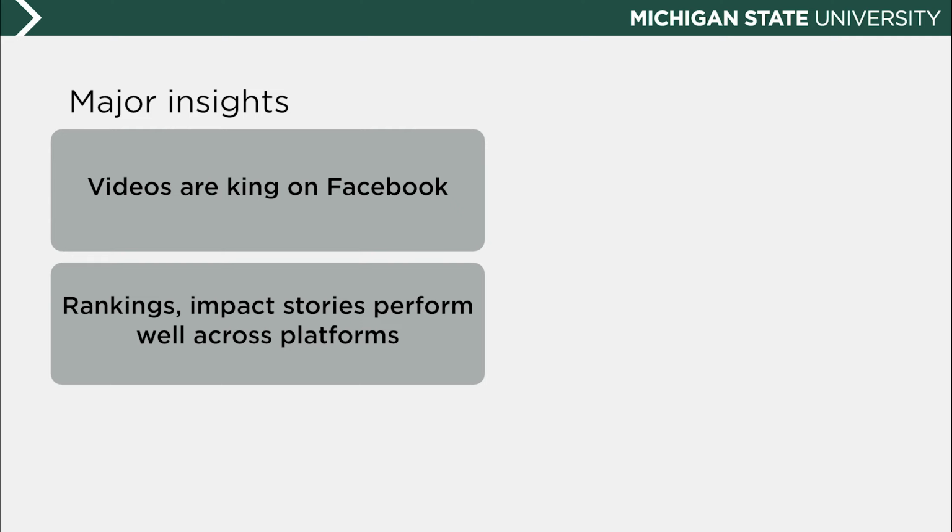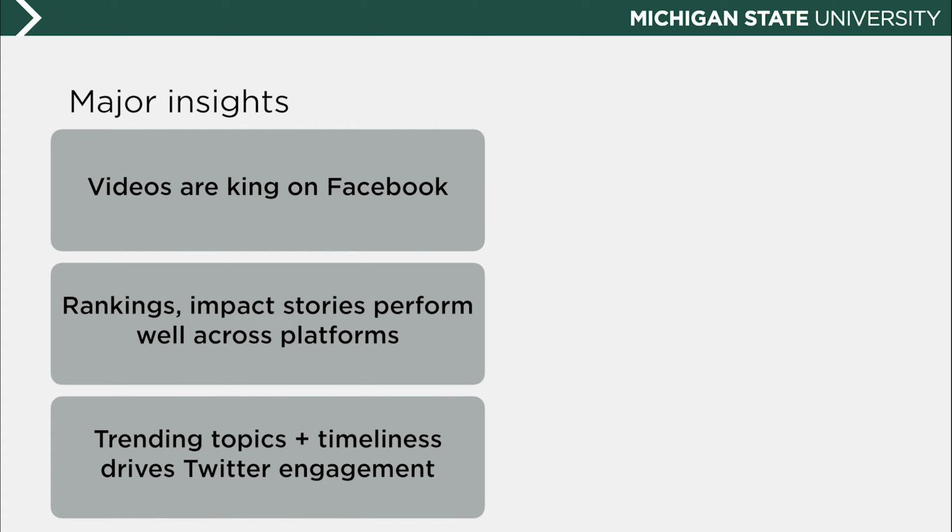We have a kind of inside joke in our office that rankings, everybody loves a good ranking. So those perform really well across platforms. So we automatically know when we have a new ranking coming out, we need to promote it on social and maybe create additional assets for it. We find that trending topics do the best on Twitter and really drive engagement.